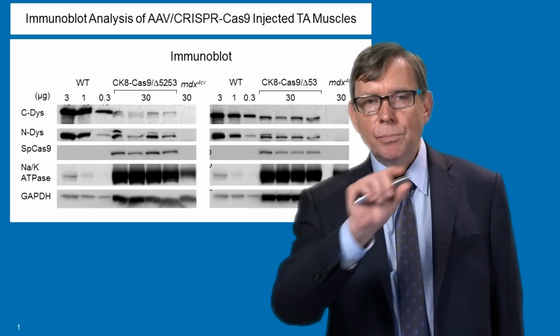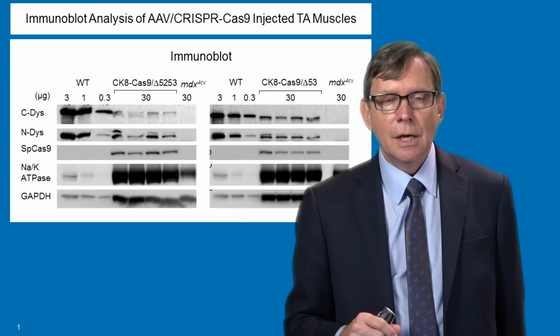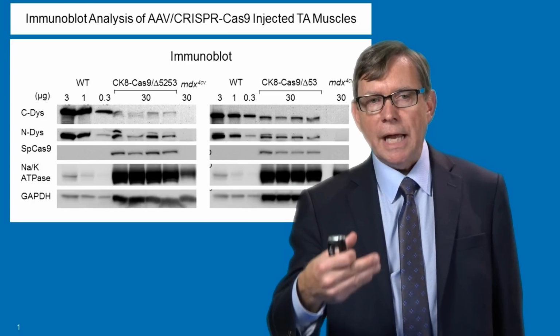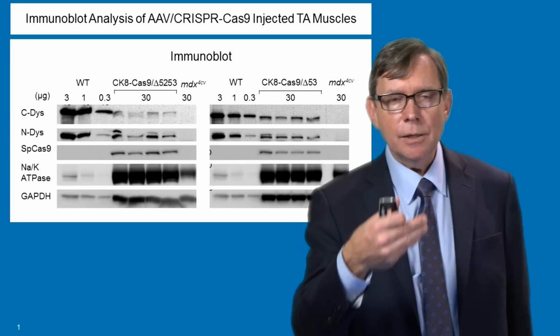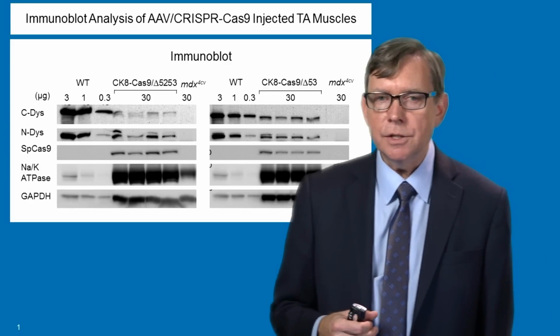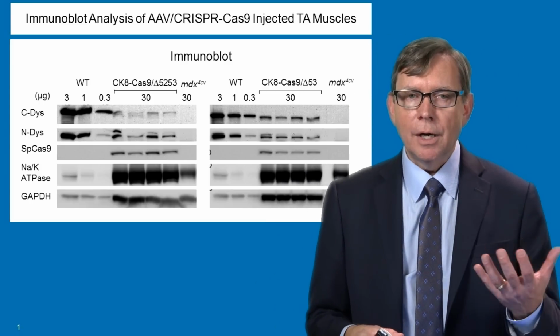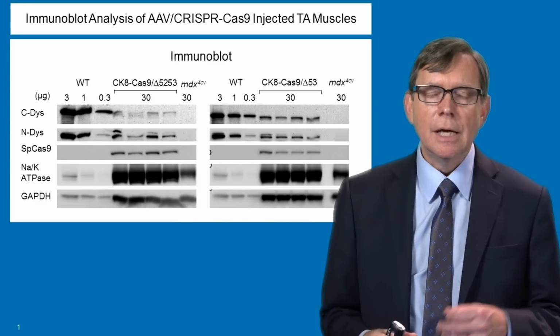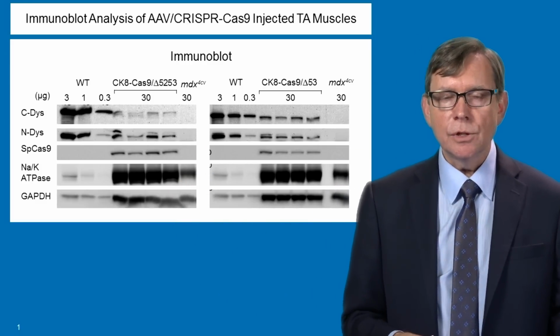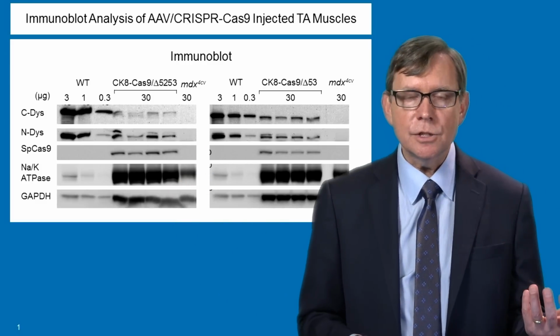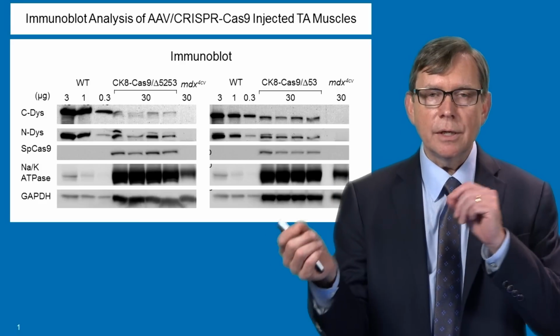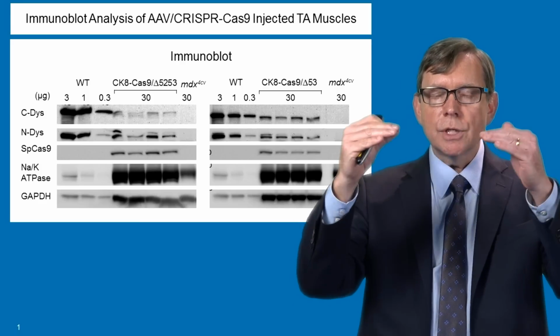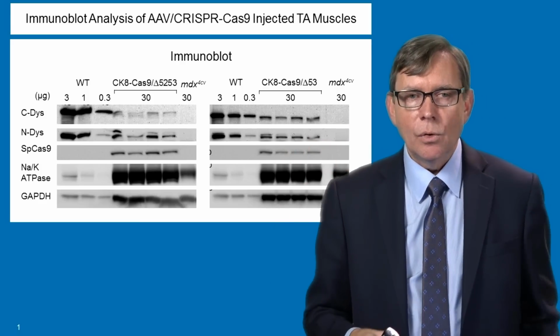And the top two panels on these Immunoblots are panels where we have come in and probed with two different antibodies against dystrophin. One binds to the carboxy terminal portion of dystrophin, the very end of the protein. The other binds to the amino terminal portion of dystrophin, the very beginning of this protein. And this is a way where we can ask whether we're making the full-size intact protein or not.